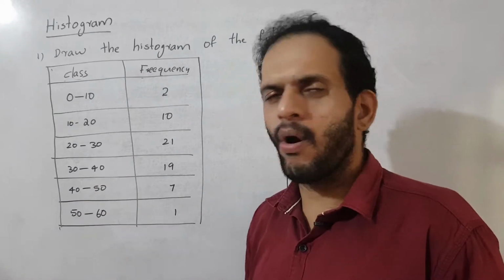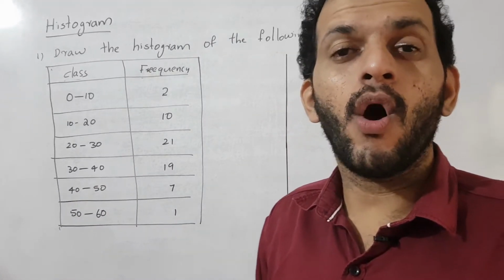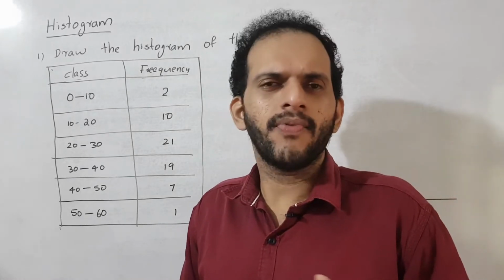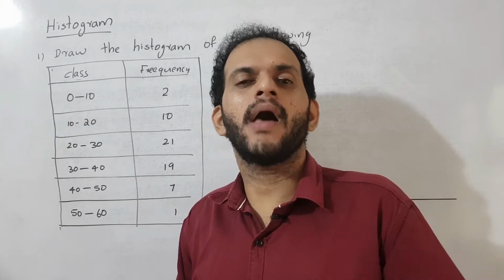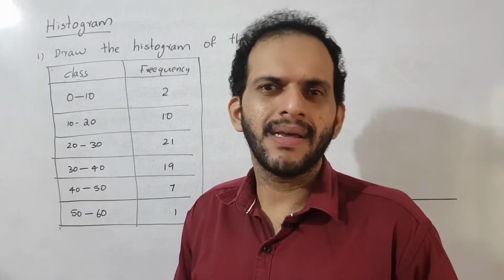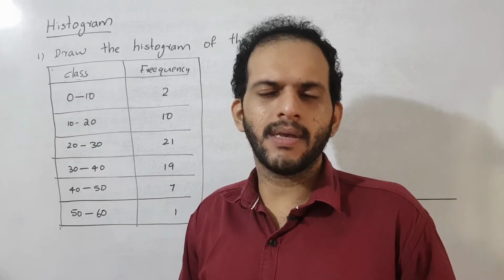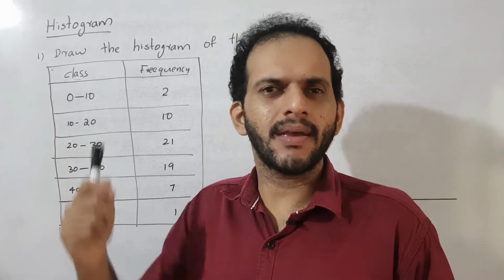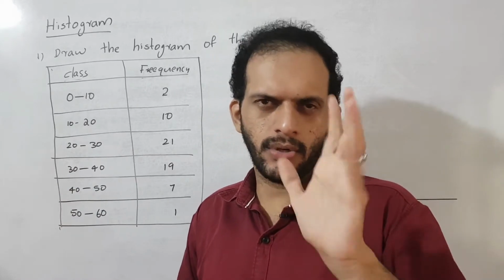In all the classes, the difference between the upper limit and lower limit is 10. The difference between the upper limit and lower limit is called class size or class width, correct? Then what is the class size of each class? The class size is 10.